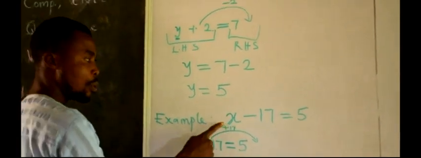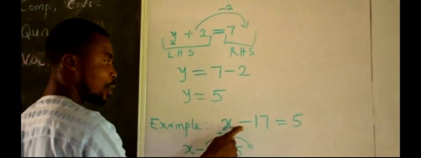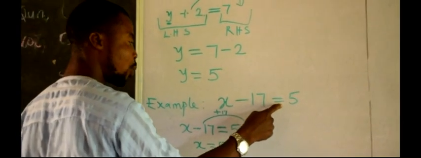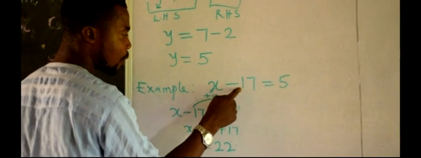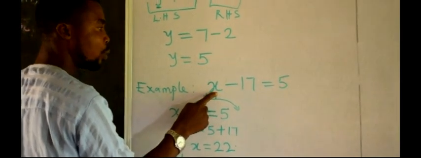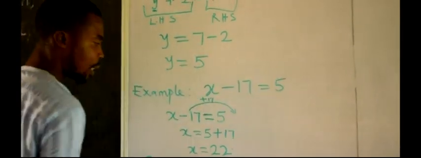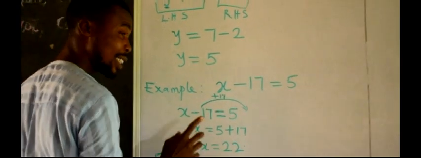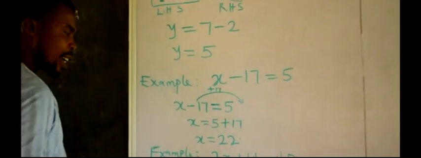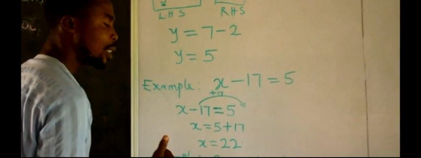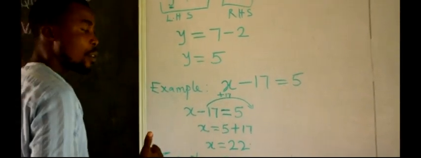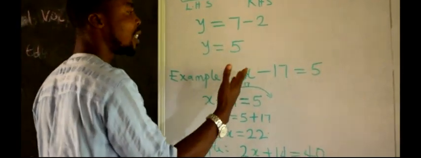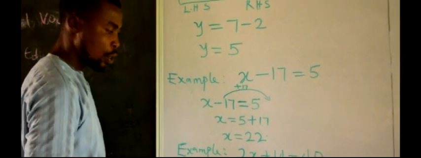Here it's also simple: x minus 17 equals 5. That is, you subtract 17 from a number and it gives you 5. Therefore, the number is 22. That is very simple. But here, it looks a little bit hard. But it's not hard by using the method I have taught you.